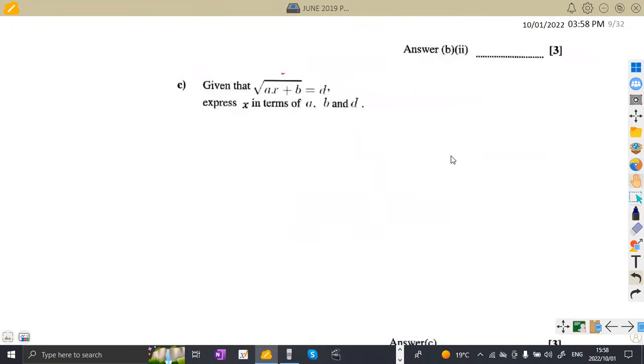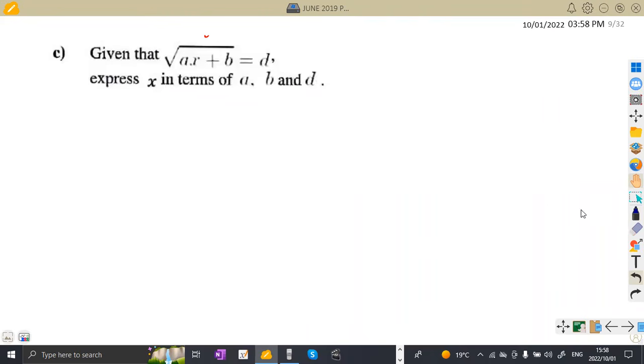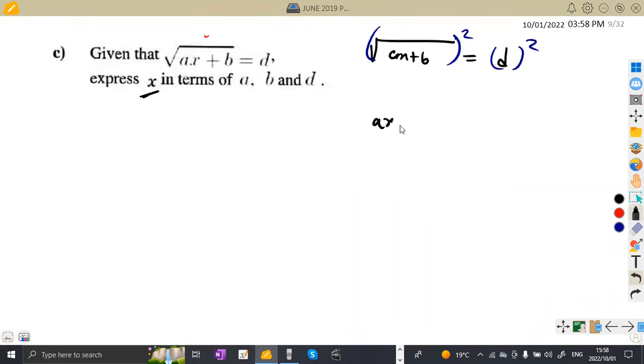Okay, anyways, the C part is now another part, change of subject, given the square root of ax plus b, which is equal to d. So express x in terms of that, it means make x to be the subject. So definitely we have to remove the square root by squaring both sides. That's ax plus b is equal to d squared.